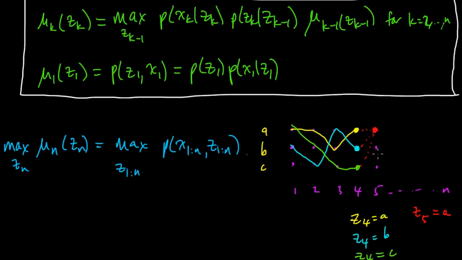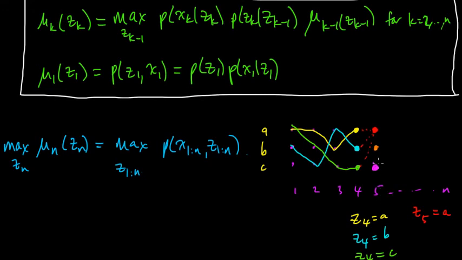Once you can do that for z5 equals a, you do the same thing for the others, b and c. So you would do that also for these others here. And then you've made the full induction step, and you're at 5 and ready to go on.